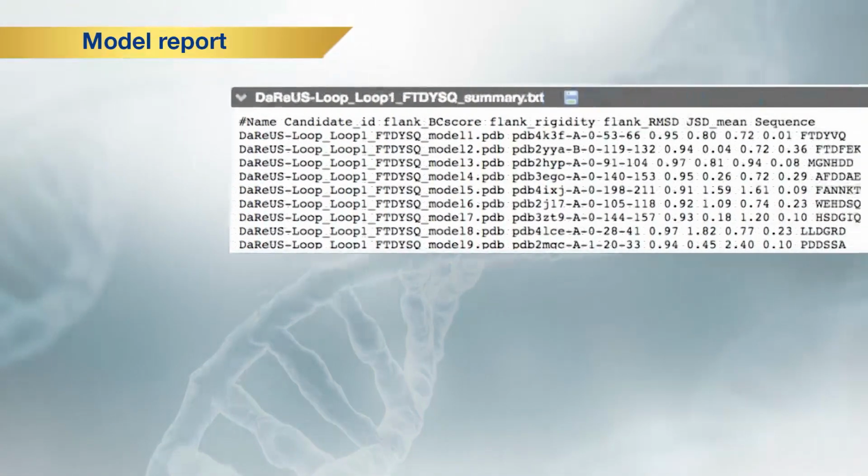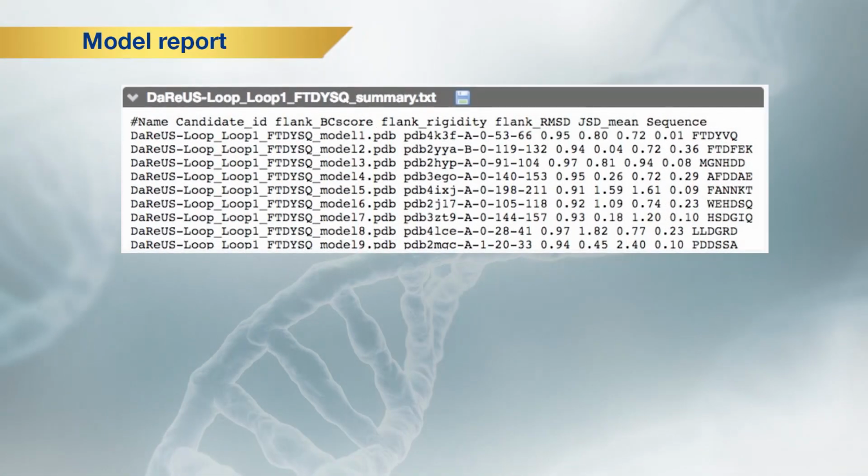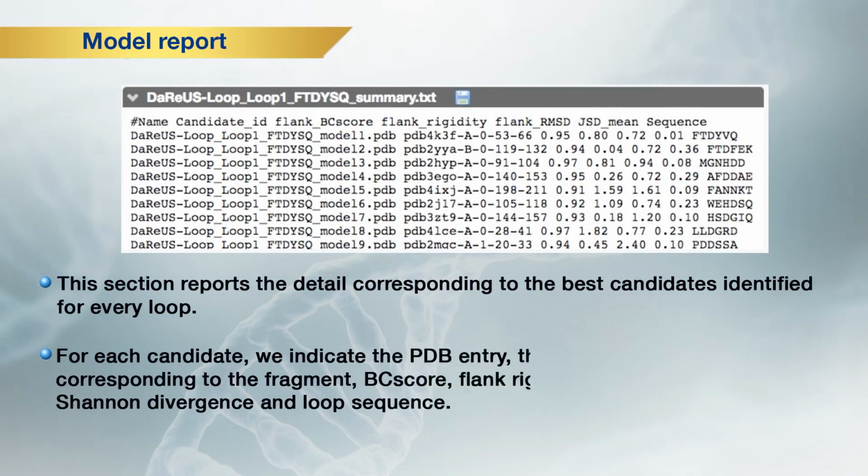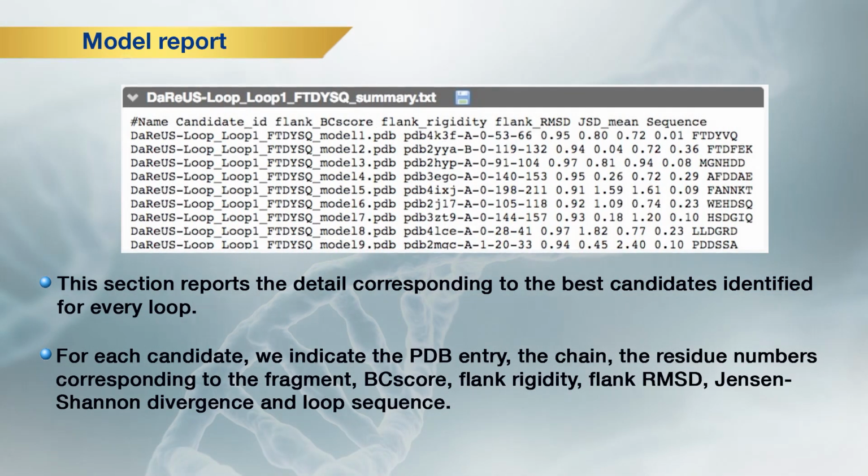Another result reported will be the model report. Under this section, the reports will include the details corresponding to the best candidates identified for every loop. For each candidate, we can indicate the PDB entry, the chain, and the residue numbers corresponding to the fragment.